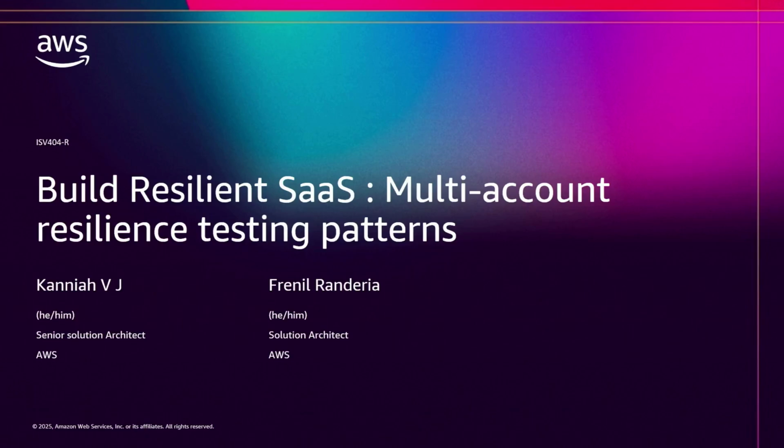1, 2, 3. Great. What if you could proactively validate your multi-account resilient architecture against controlled experiments in terms of injecting faults to ensure that you have your workloads tested within the tenant boundaries as well as mitigating any other failures?